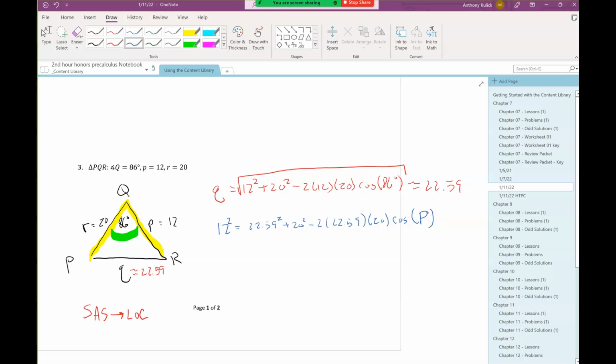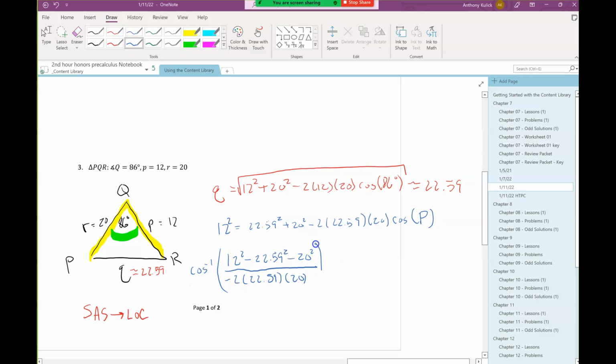Okay. To solve for P, I'm going to subtract the 22.59 squared from both sides, and then subtract the 20 squared from both sides. Then I'm going to divide by the negative 2 times 22.59 times 20, and then take the cosine inverse of everything. And that'll give me my P.